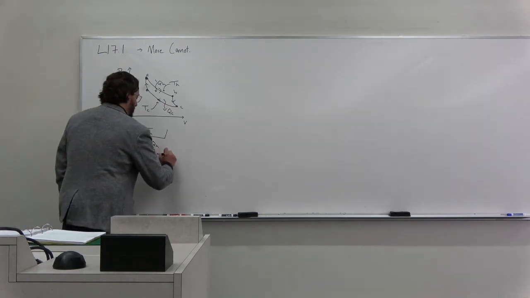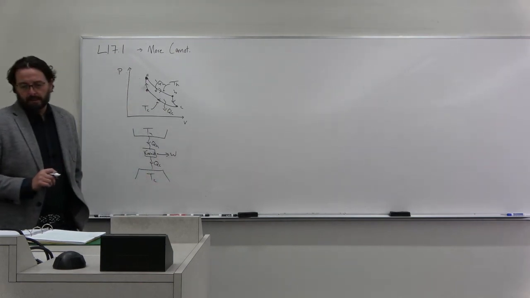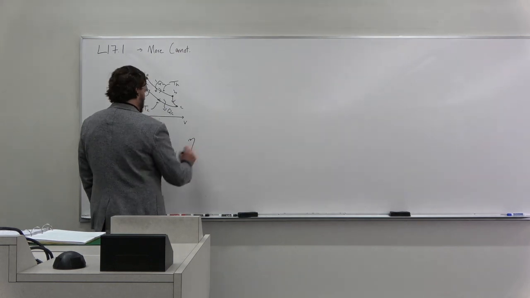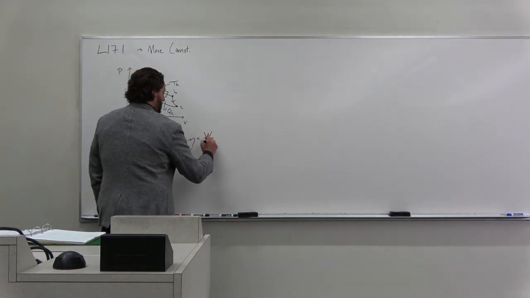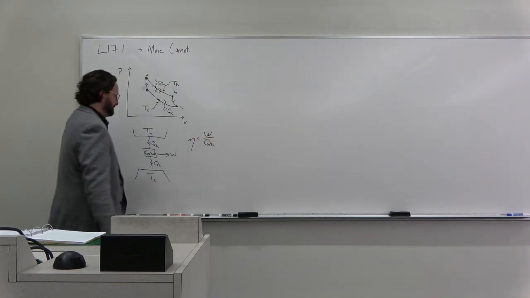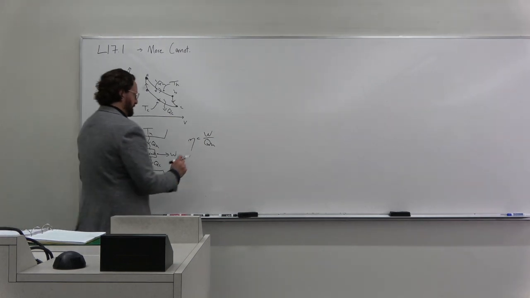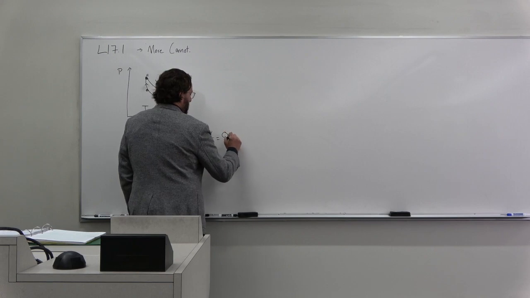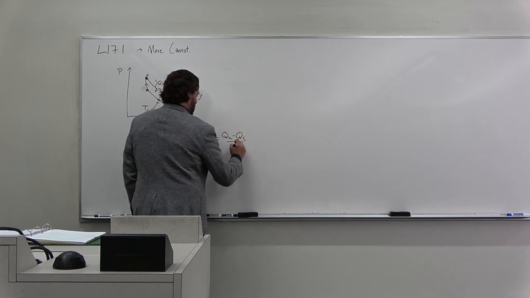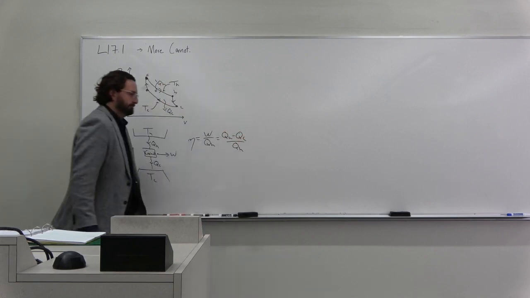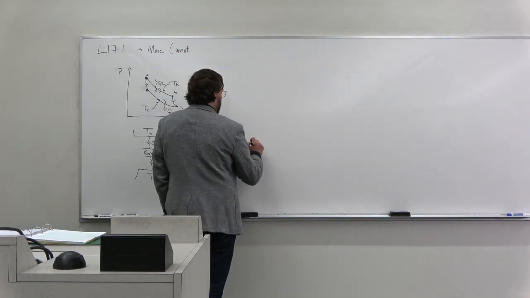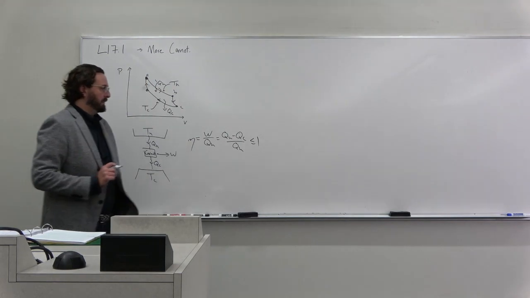And this did some work, and we had an efficiency, eta, which was defined as the work over the heat put in, which was QH minus QC over QH. And this was always less than or equal to 1.